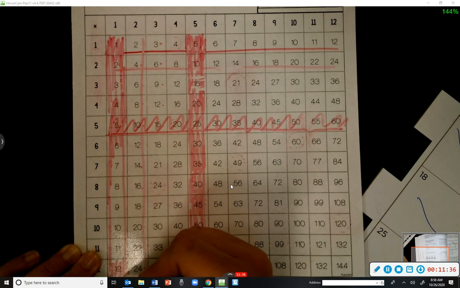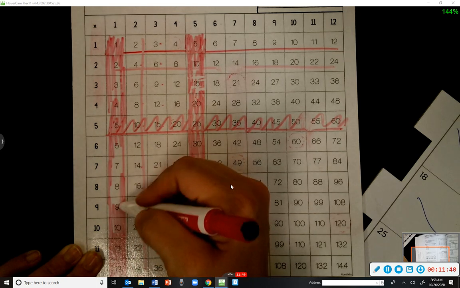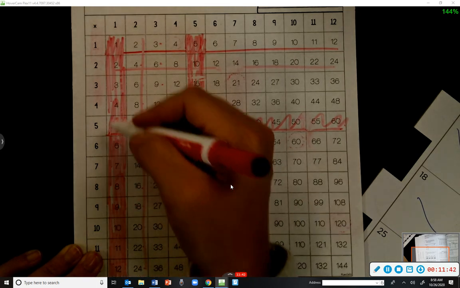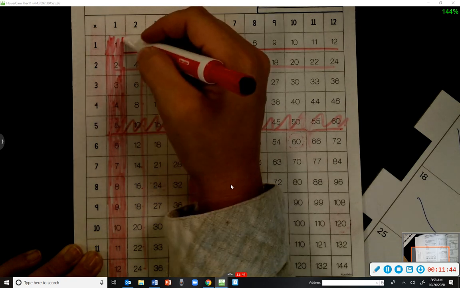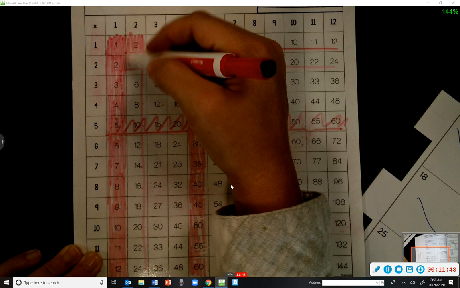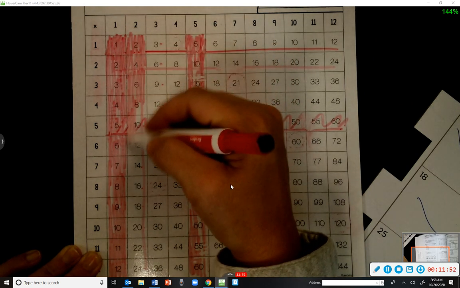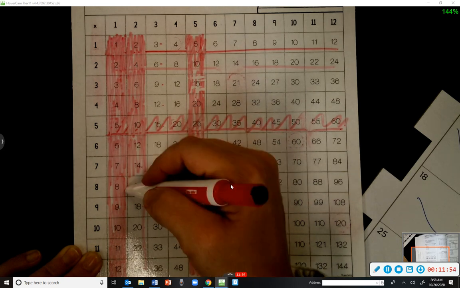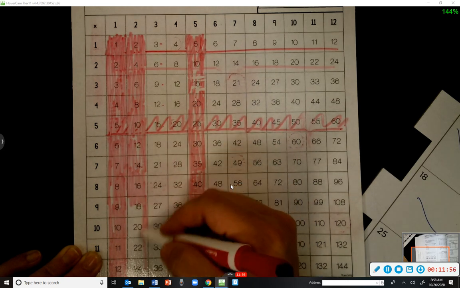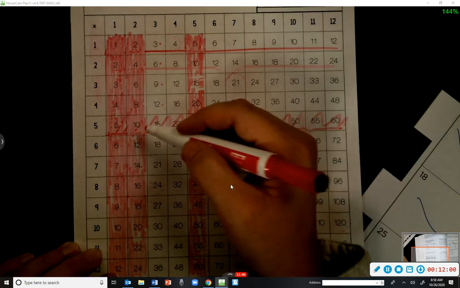While I'm shading these in, I want you guys to look again for another pattern that you know without even having to memorize. Kaylee, I said look, not shout it out. Okay.